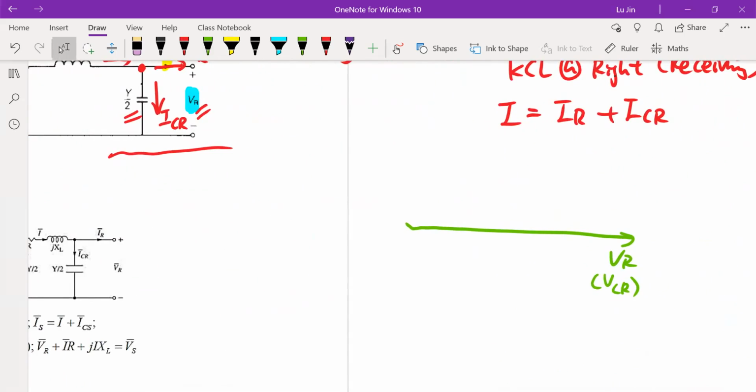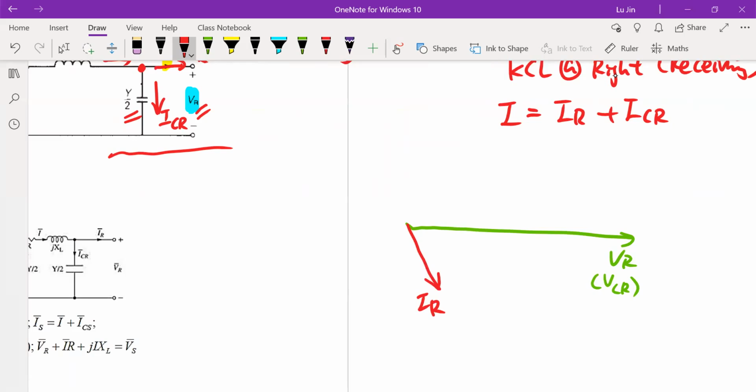So lagging means slower, right? The angle must be smaller than the angle of VR. VR has 0 angle, so IR must have a negative angle. For this question, of course, we don't have any numerical values available, so we can just draw it generally. So we assume VR is the reference, and IR has a negative angle. That means this IR is lagging the VR.